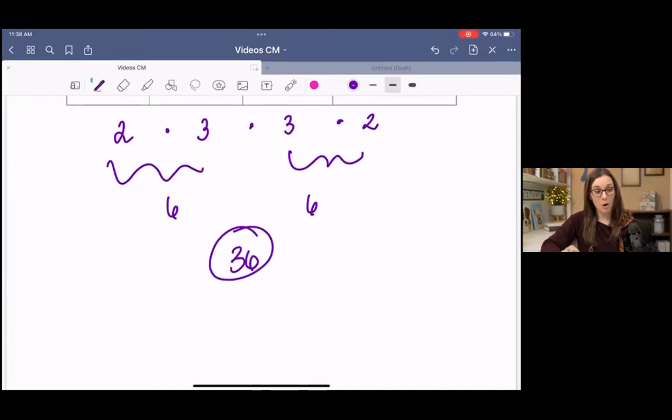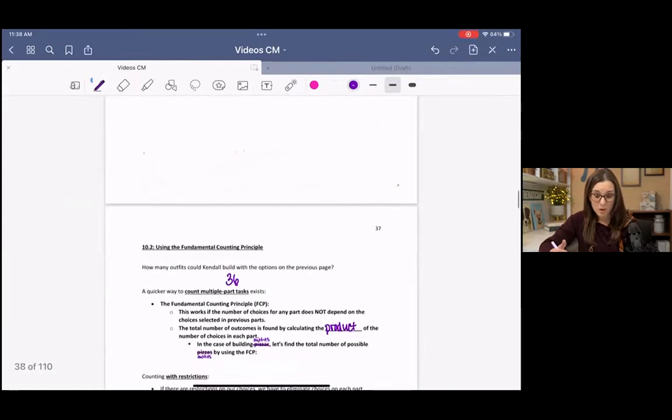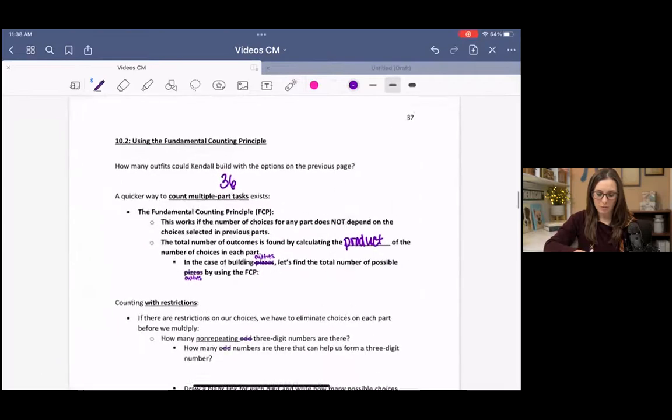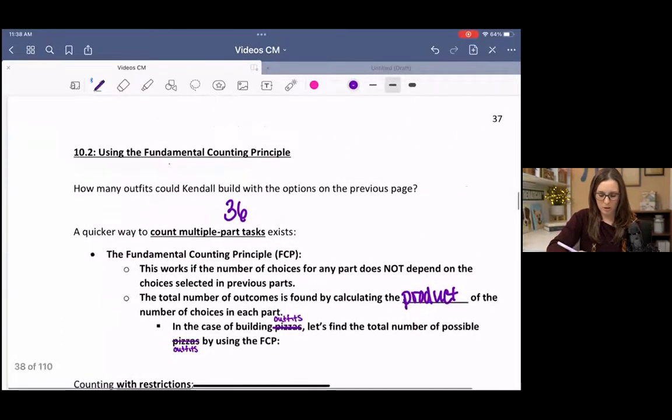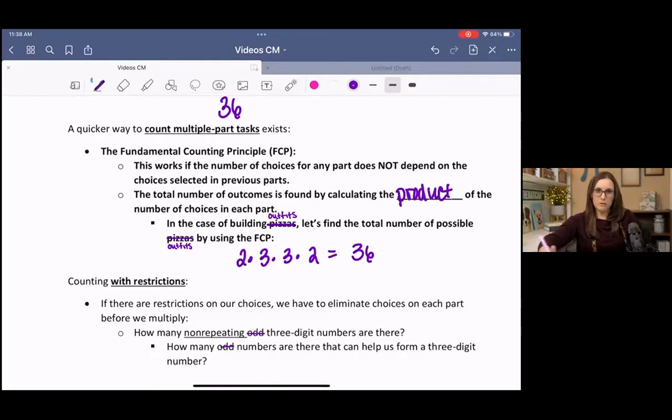So that was a whole lot faster and a whole lot less work than listing out all the outcomes in the tree diagram. Now, if the point of the question is to list out the outcomes, then the tree diagram makes sense. But if the point of the problem is to just find out how many choices there are, then using that product would have been a little bit faster. 2 times 3 times 3 times 2 gives us 36 possible outfits for her wardrobe.